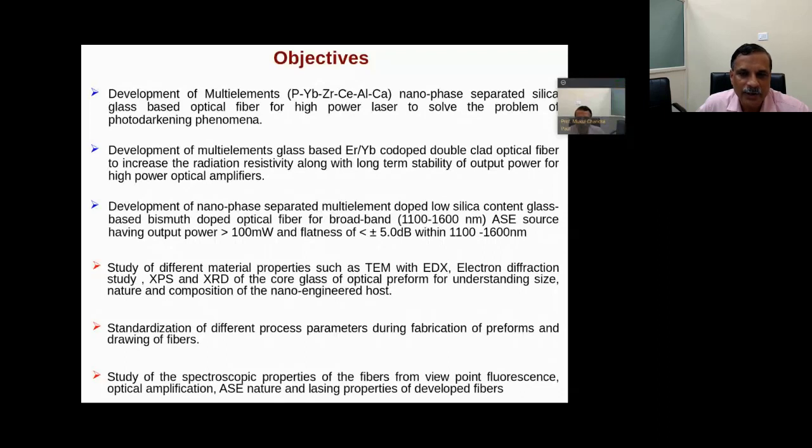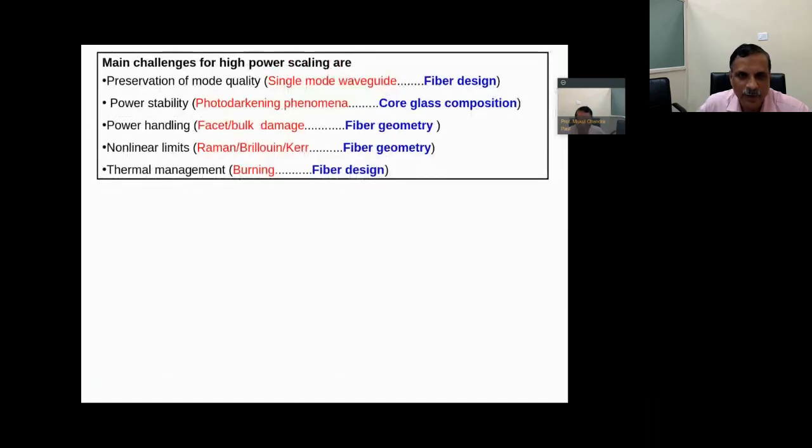Another is nanophase separated multi-element doped low silica content fiber which can be used as a broadband source from 1100 nanometer to 1600 nanometer, having output power greater than 100 milliwatt and flatness of the spectra less than plus or minus 5 dB within 1100 to 1600 nanometer. For all these fibers we have done material characterization, spectroscopy and other work from the viewpoint of fluorescence, amplification, ASE nature and lasing property of the fiber.